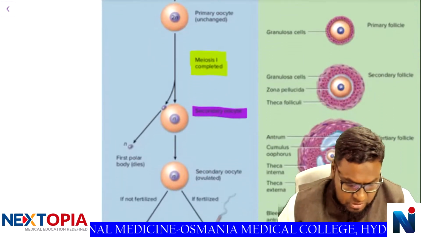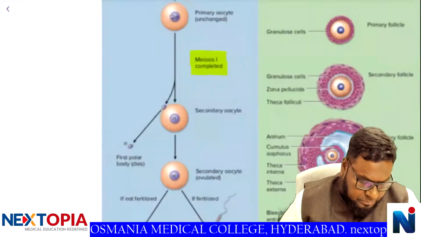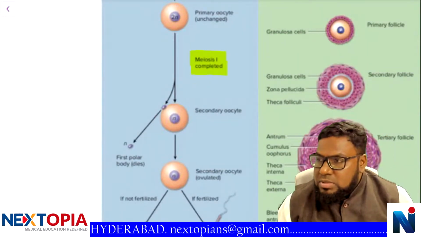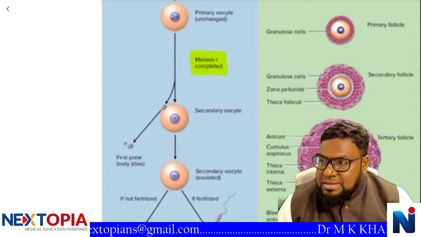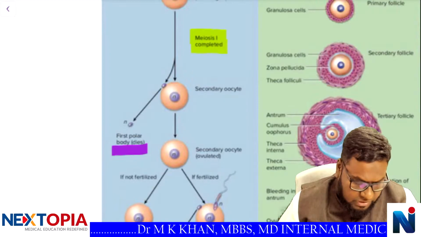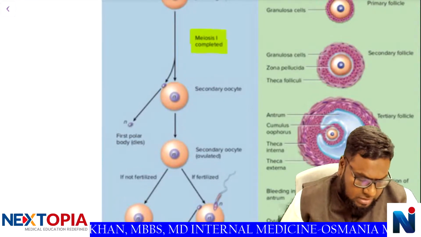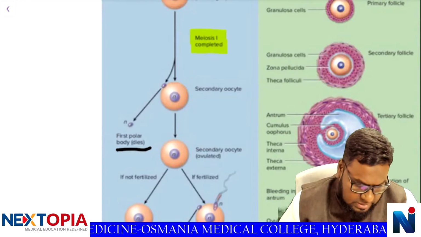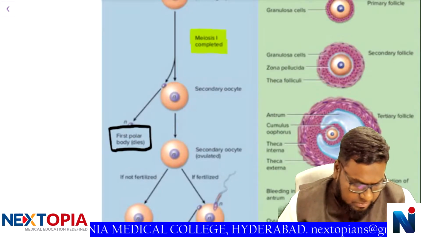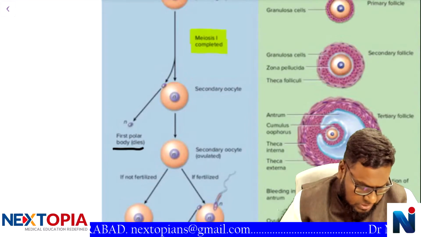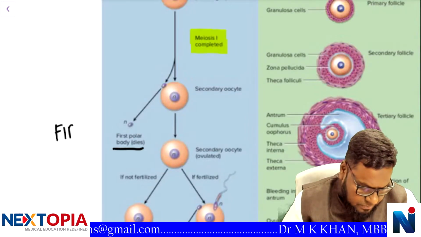The secondary oocyte is formed by release of a spindle-shaped cell called the first polar body. What is the function of the first polar body? Nothing. It dies. Nothing important. So this is the first polar body.